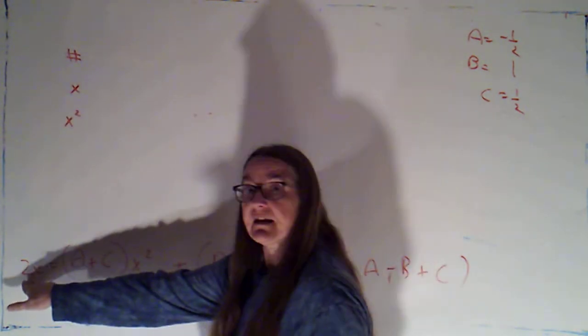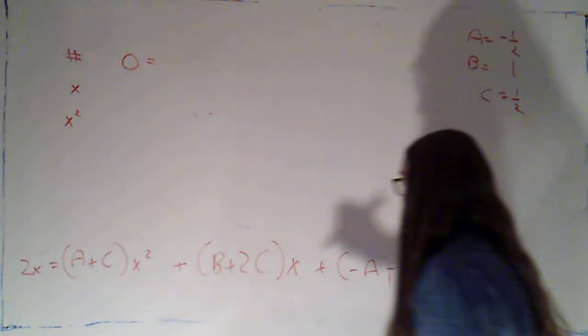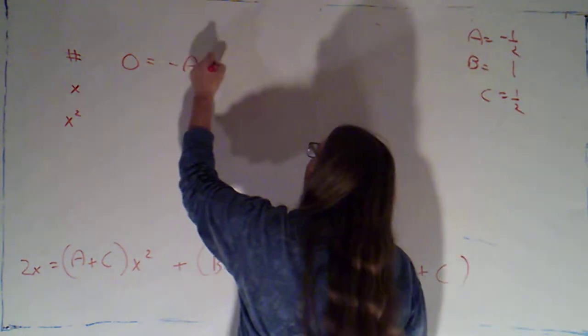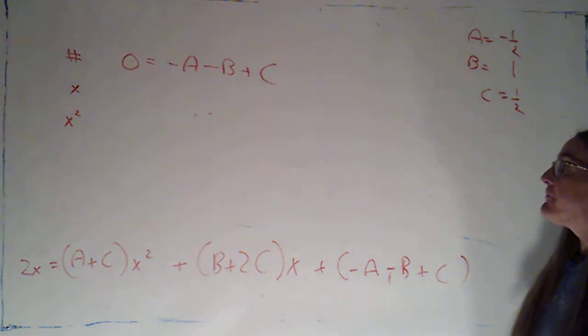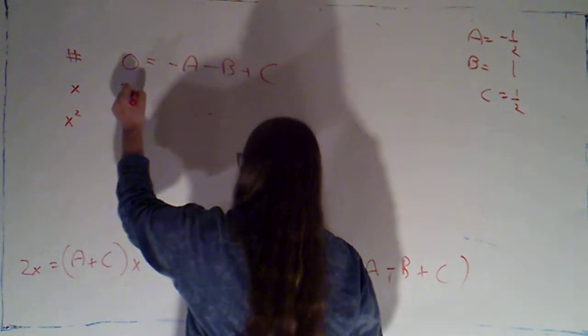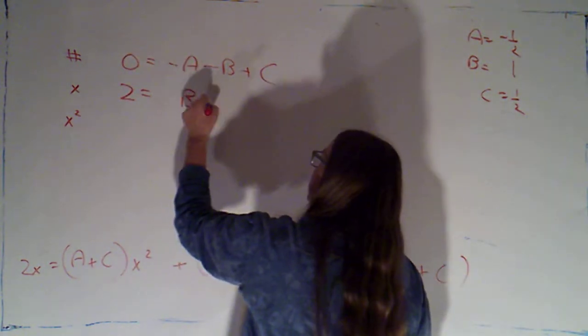Now on the left-hand side, the constant that I have is 0. That's got to equal this, negative a minus b plus c. For the x's, I've got 2 of them on the left side. On the right side, I have b plus 2c.